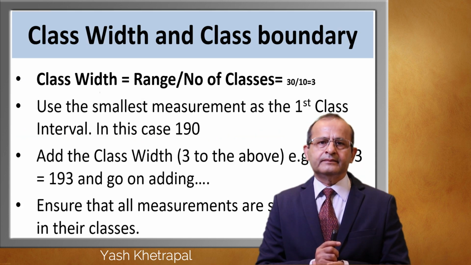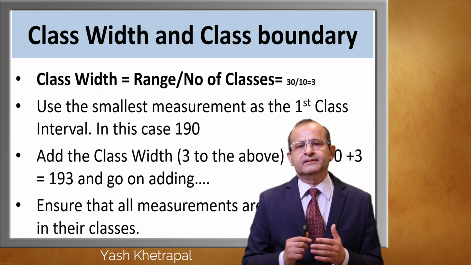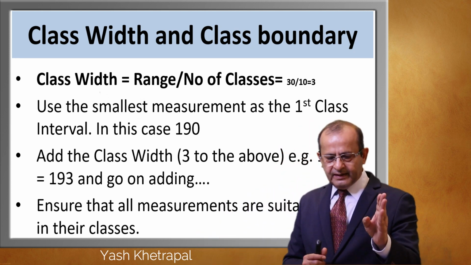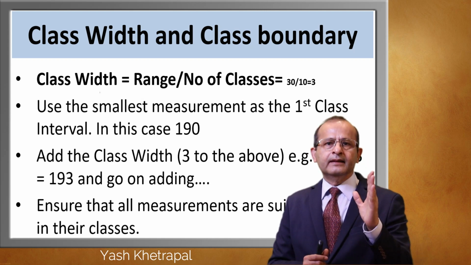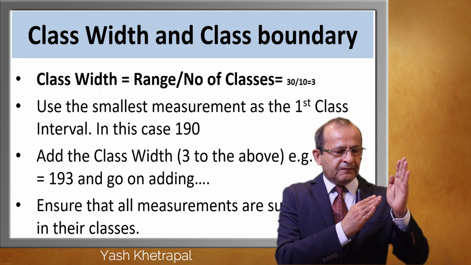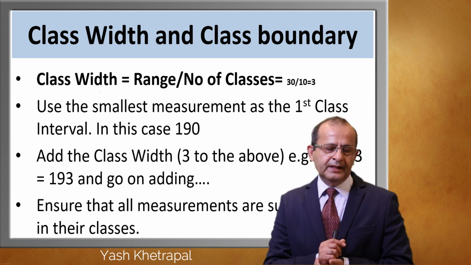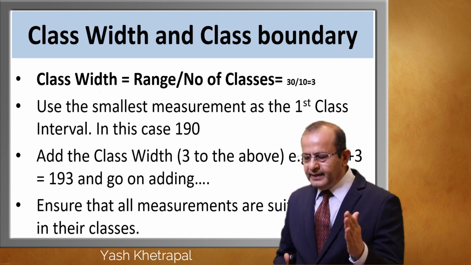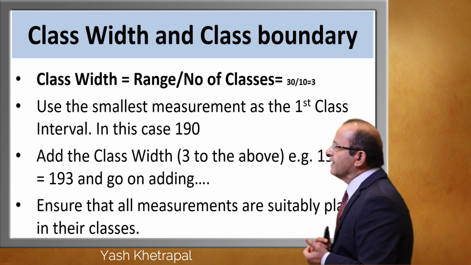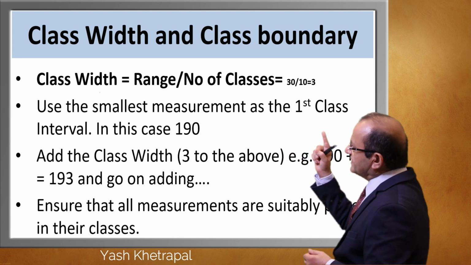So, step 2, find out the number of classes. Step 3, class width: in one particular class, data from what value to what value I should be placing. There's a small step: range divided by number of classes. Here my range was 30, number of classes 10.